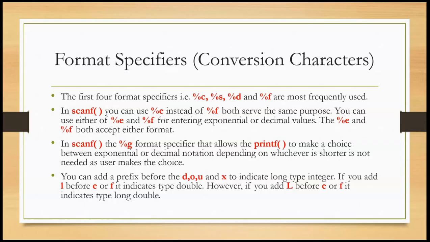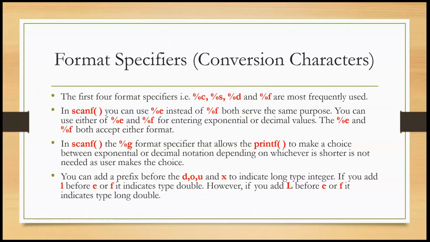Just like printf, the first four format specifiers, that is %c, %s, %d and %f, are the most frequently used format specifiers in scanf. In the scanf function, you can use %e instead of %f. Both serve the same purpose. You can use either of %e and %f for entering exponential or decimal values.